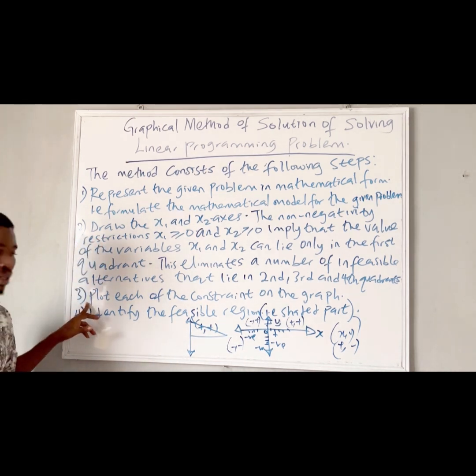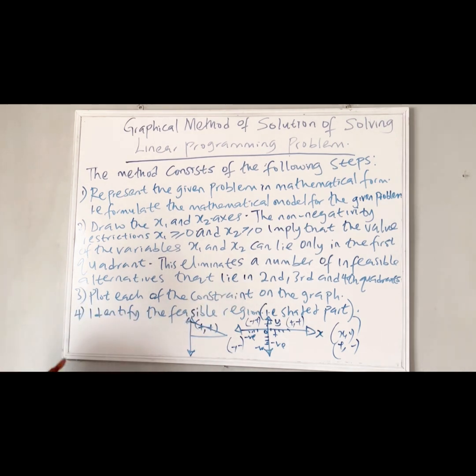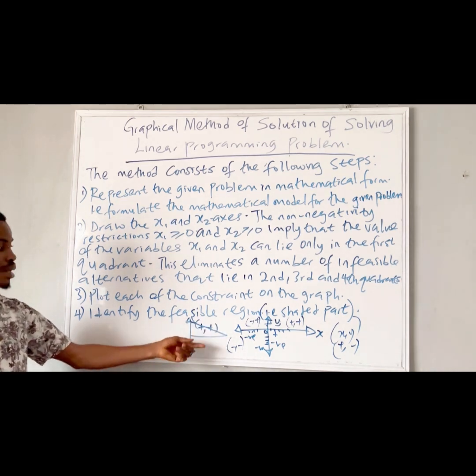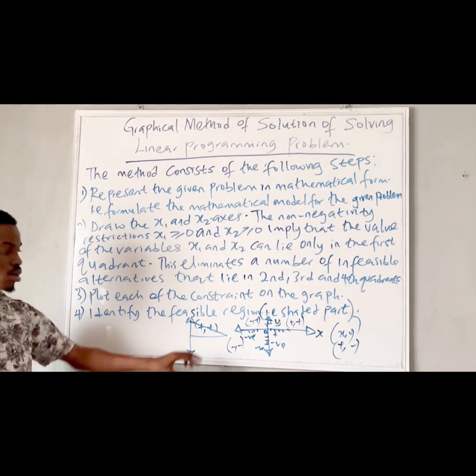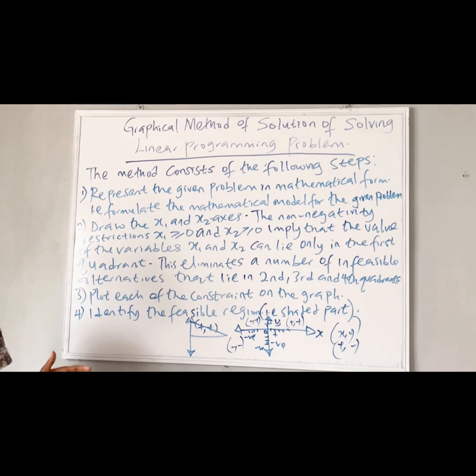Step 3, plot each of the constraints on the graph. We will be given constraints. A linear programming problem has a set of linear inequalities or equalities as constraints. You have to indicate the constraints, how we mark the constraints on the graph, then identify the feasible region. The feasible region is the shaded part.